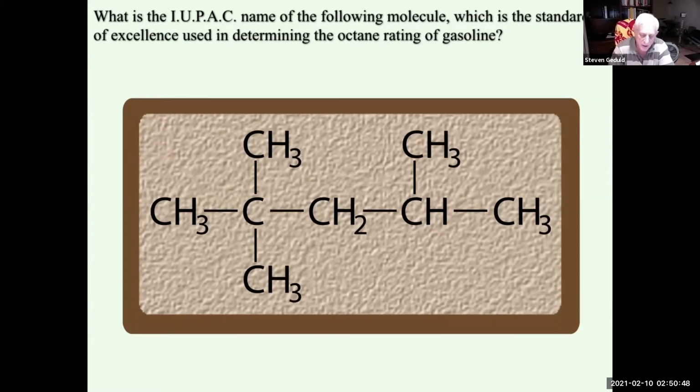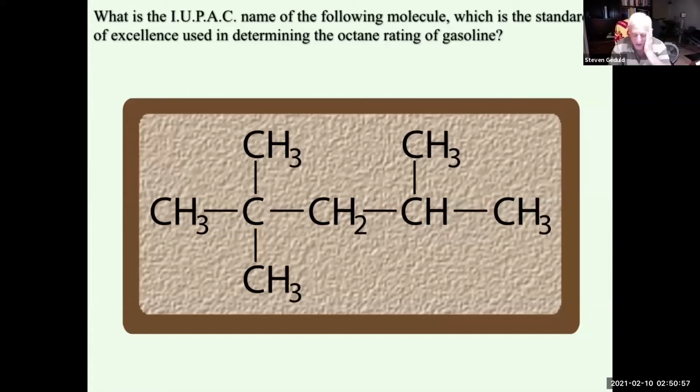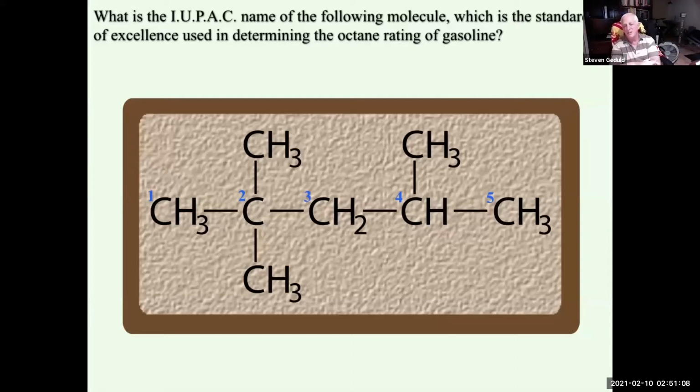Okay, so what's the longest carbon chain? 5. If it's 5, why do they call it an octane rating? Because there's 8 total carbons. It's an isomer of octane. But this is what they use to determine the rating, to see how pure the gasoline is.